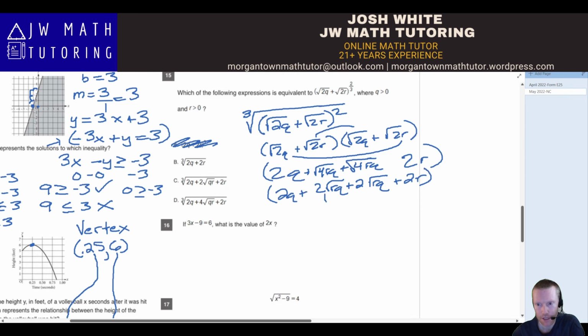Now again, these two radicals can be combined because they have the exact same term under the radicals, and so we would just add the two numbers out in front. So we've got 2q, we've got 2 plus 2, or 4, square root rq, and then we've got 2r at the back. And again, this whole thing is underneath a cube root. So the correct answer to this problem is just going to be letter D.